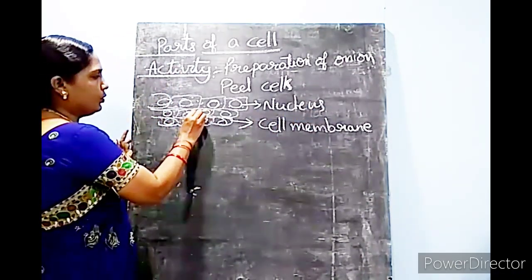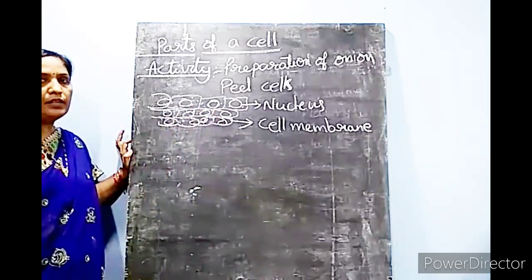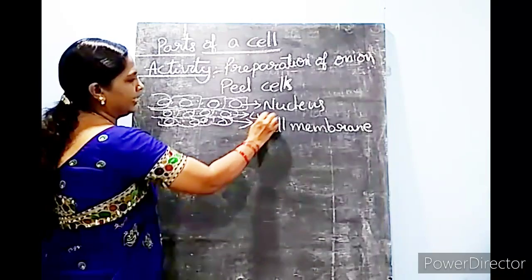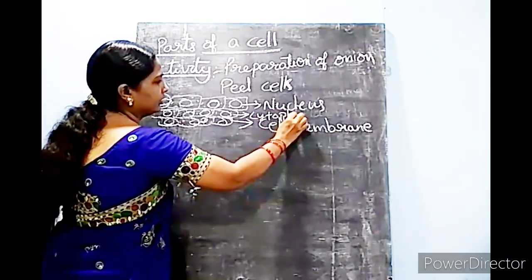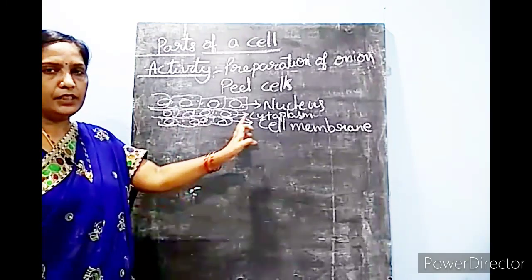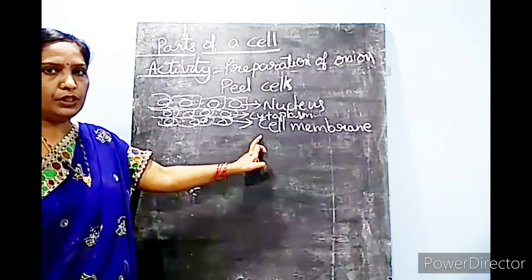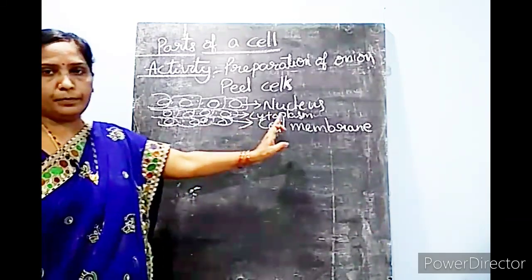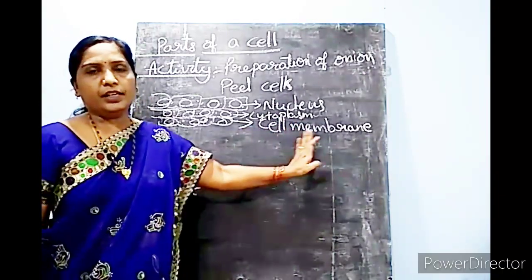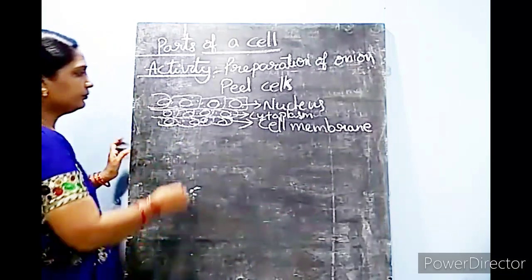Between the nucleus and the cell membrane, the jelly-like liquid which is present is known as cytoplasm. So these are the parts you can observe when you look through the microscope. Now we'll read about each part in detail.